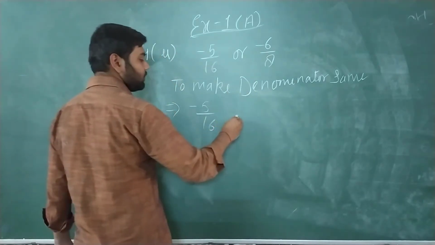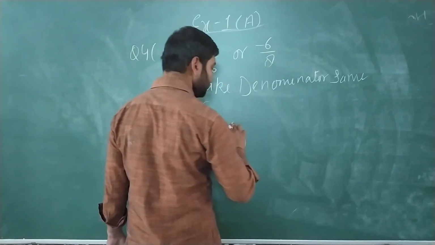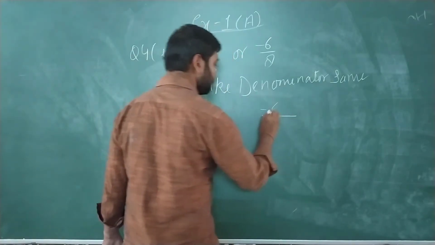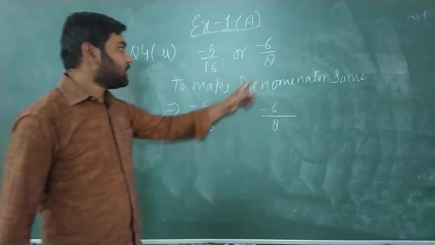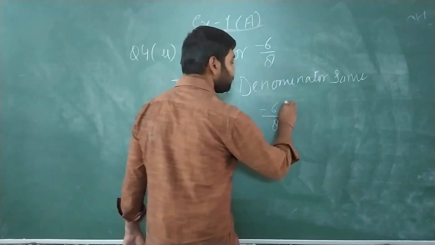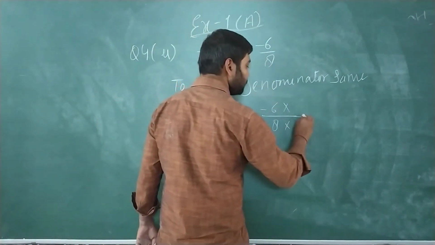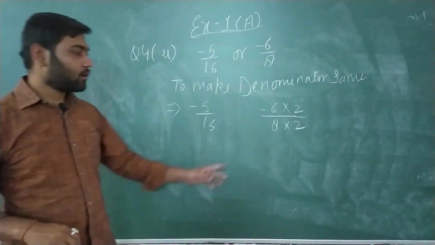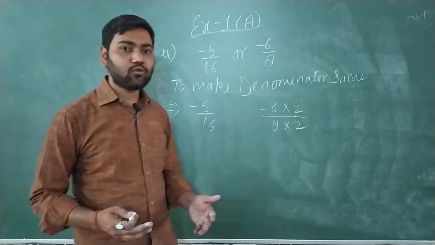We leave a gap over here, and minus 6 upon 8. We know that 8 twos are 16. So we will multiply this fraction by 2 to make it an equivalent fraction.